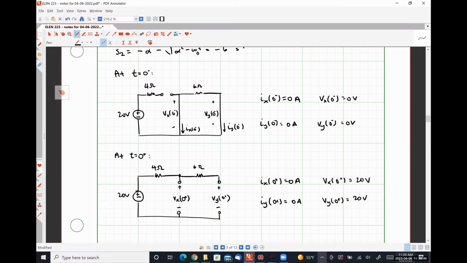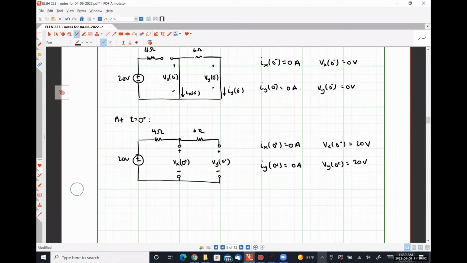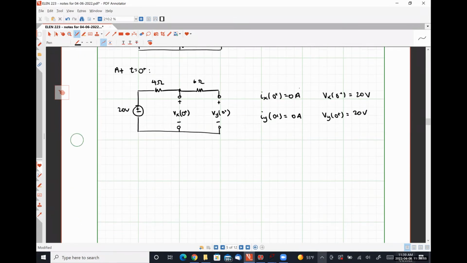All right. And now, oh, did you not know about that? And now we can analyze the circuit at t is equal to infinity. So at t is equal to infinity, we have our 4 ohm resistor connected to our 6 ohm resistor like so.